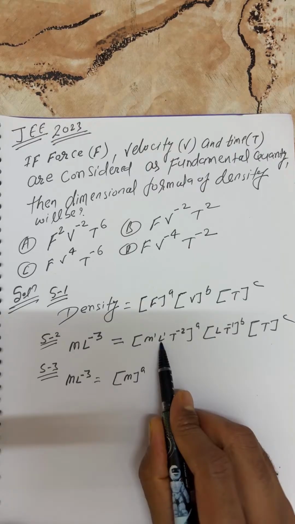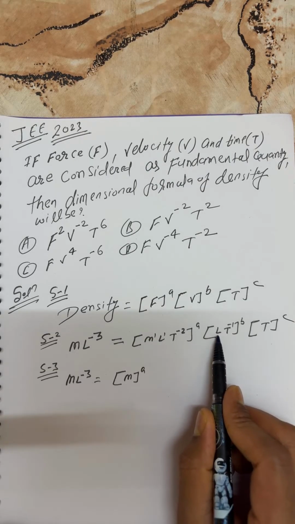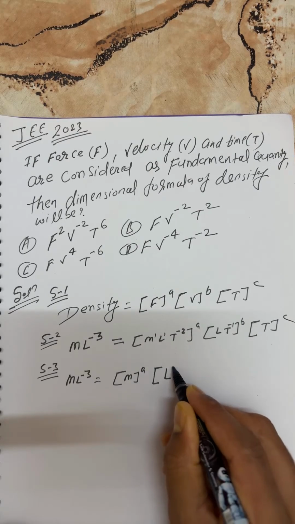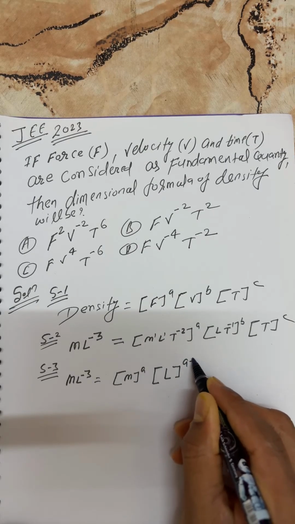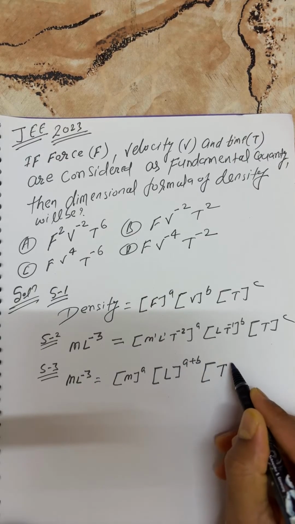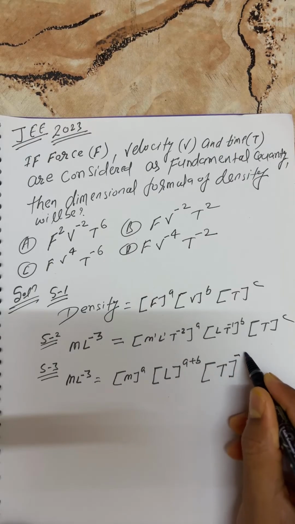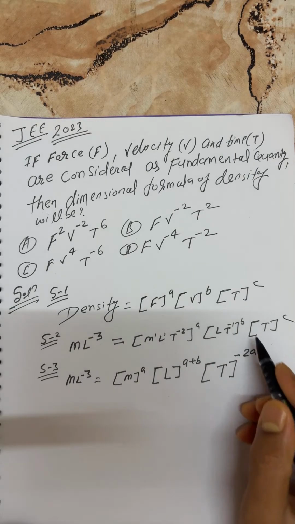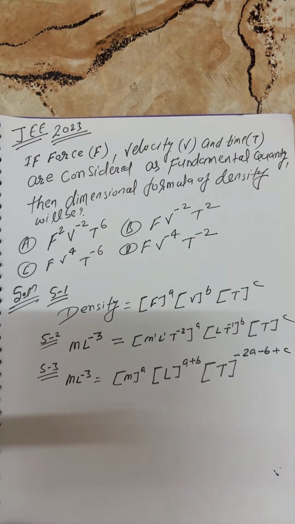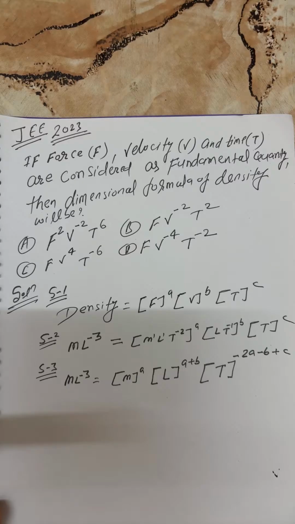Now L, we have L to the power a and L to the power b, so we can separate L here: L to the power a plus b. Next, T to the power minus 2a minus b plus c. Right? Okay. Come to the point.